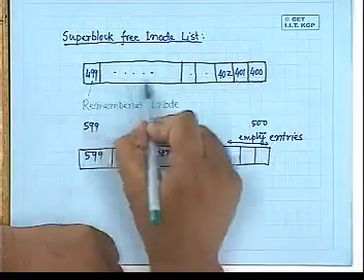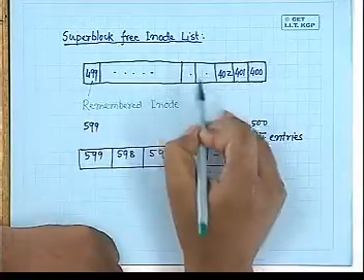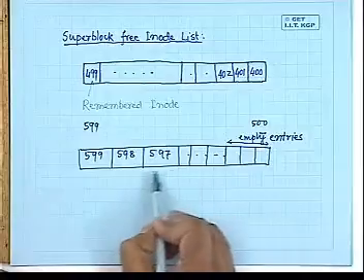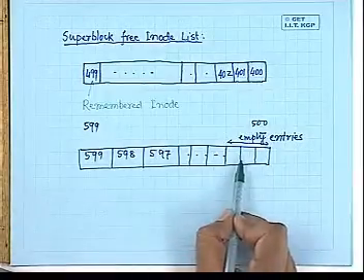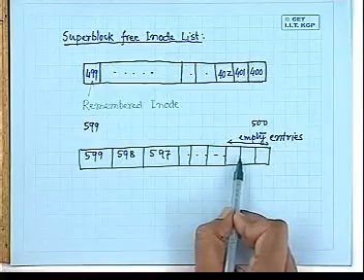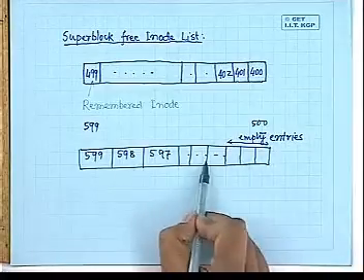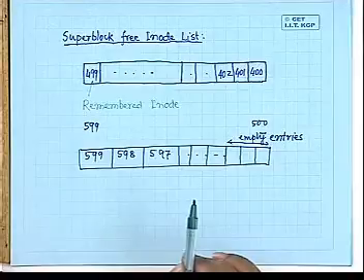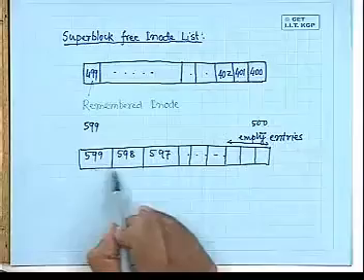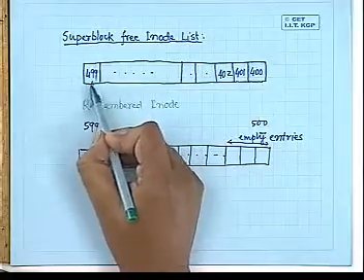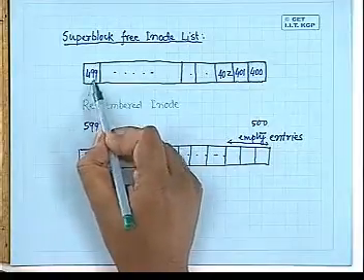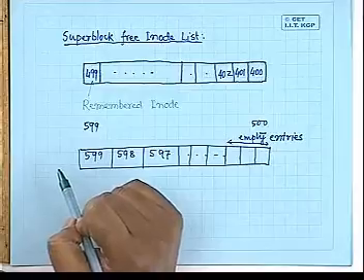It will read free inodes and place their numbers in the superblock free inode list again until the list is full to its capacity, or there is no more free inode on the disk. Once the list is set, only then will this inode number, in this case 499, be allocated to the requesting process.